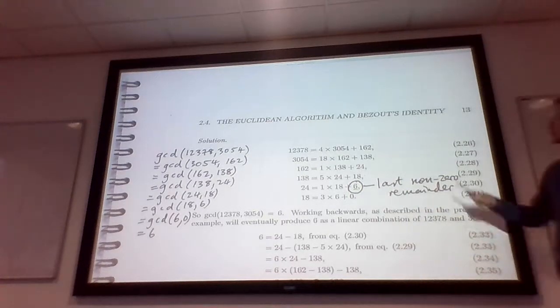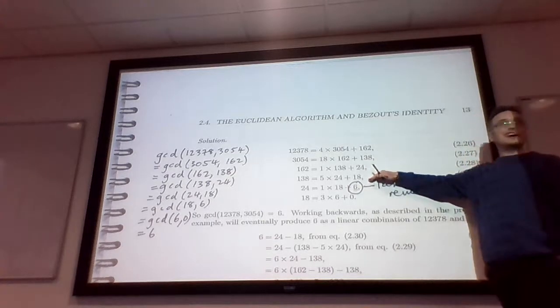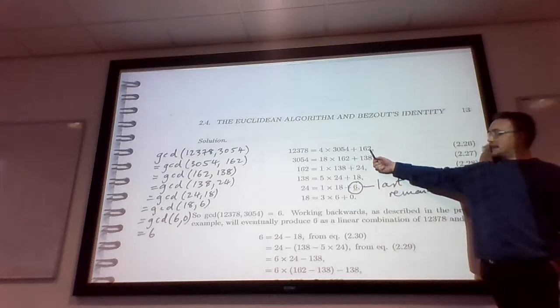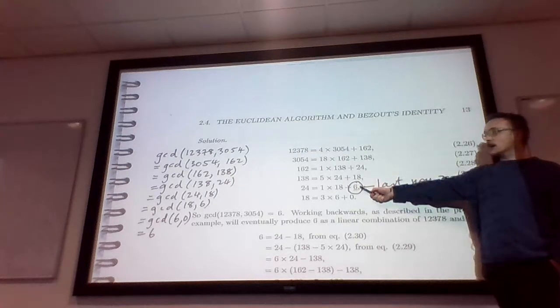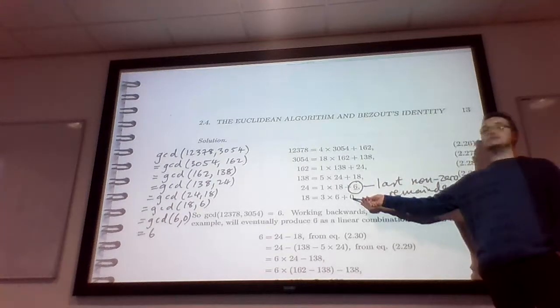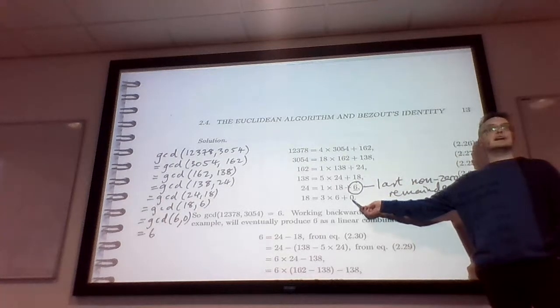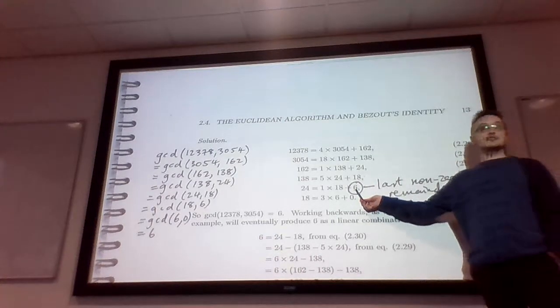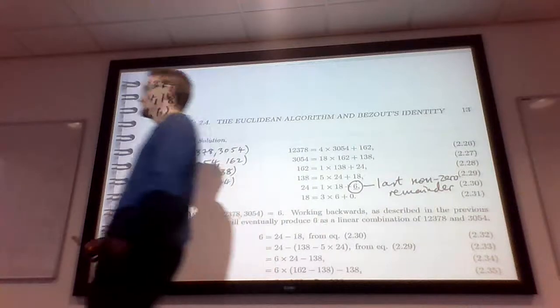So that means there can only be a finite number of integer divisions in this process. Because the remainders are getting strictly smaller each time, and they can never go below 0, they must eventually hit 0. So after a certain number of integer divisions, we will see the remainder 0 appear, and then the GCD will be the last non-zero remainder. Okay.